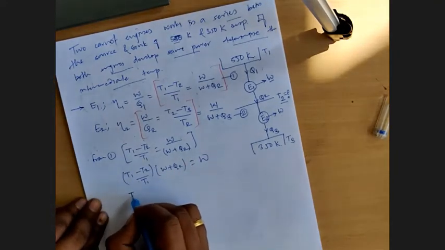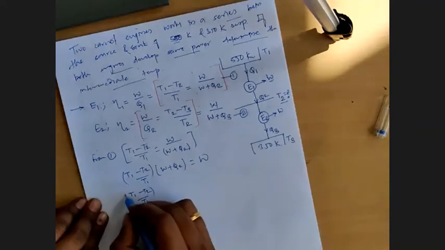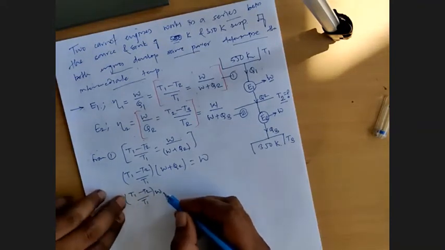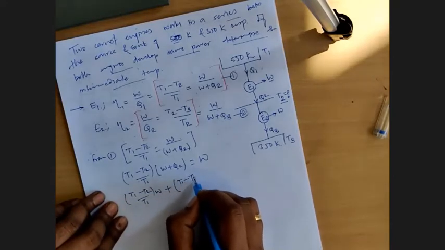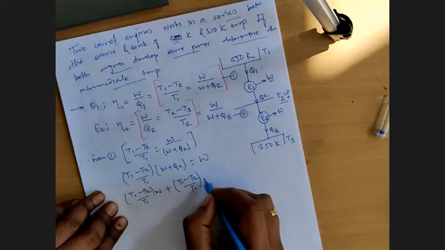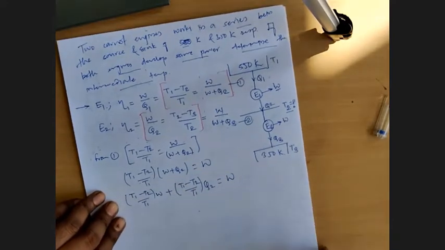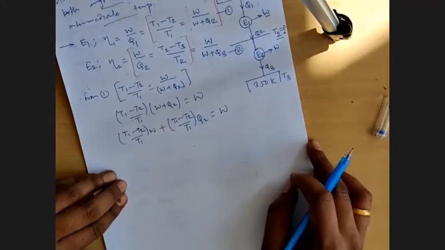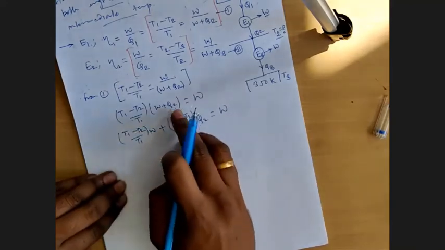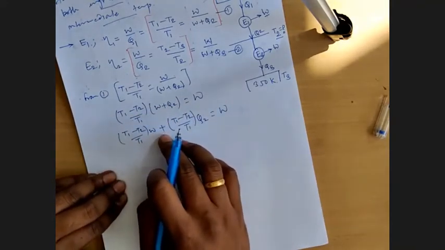So T1 minus T2 by T1 into W plus T1 minus T2 by T1 into Q2 is equal to W. I have taken the product of those two brackets, W into bracket, Q2 into bracket, and as plus is there, it will remain addition of those two.